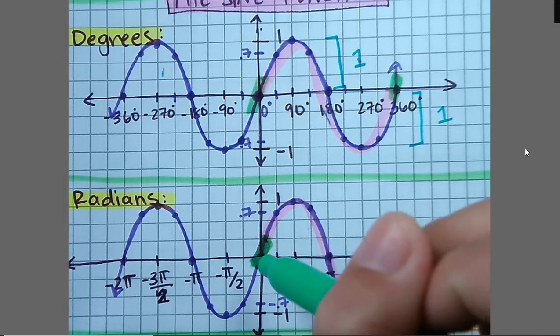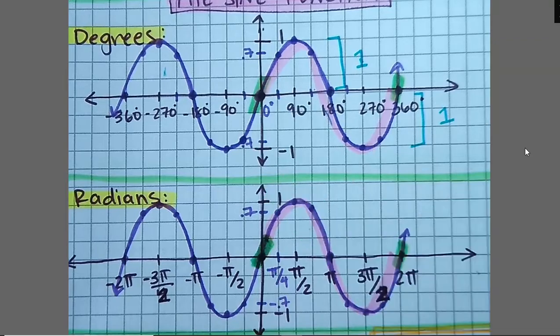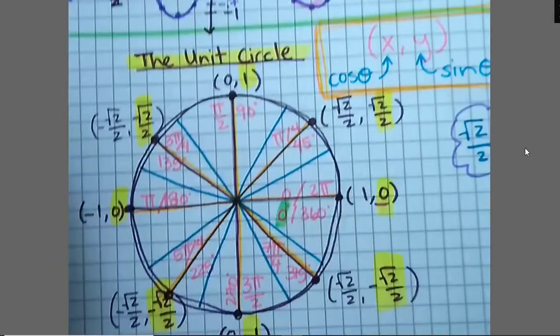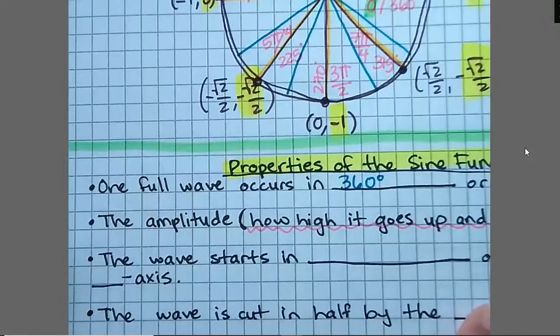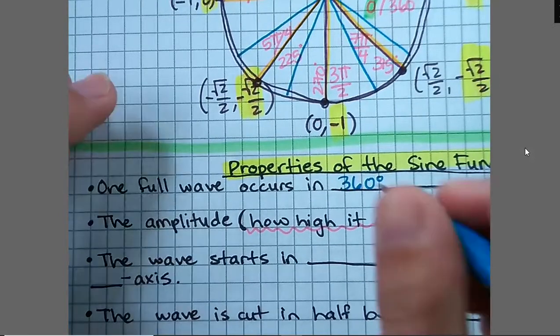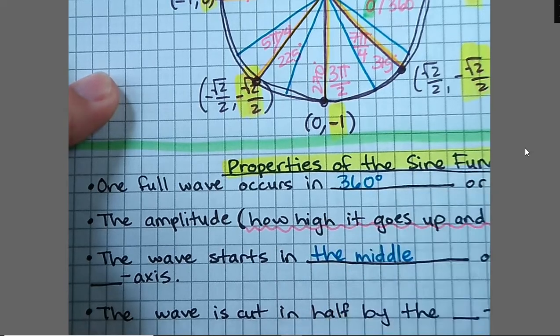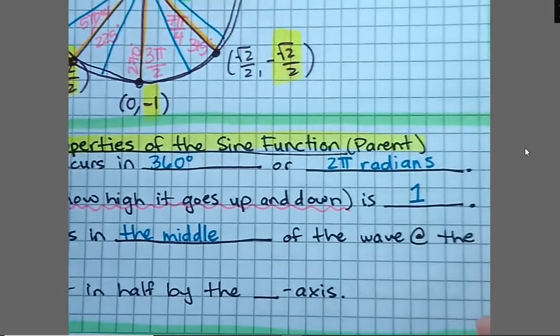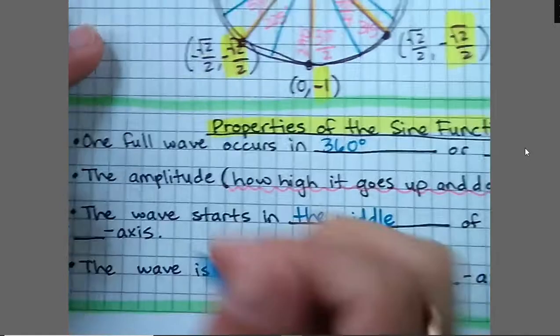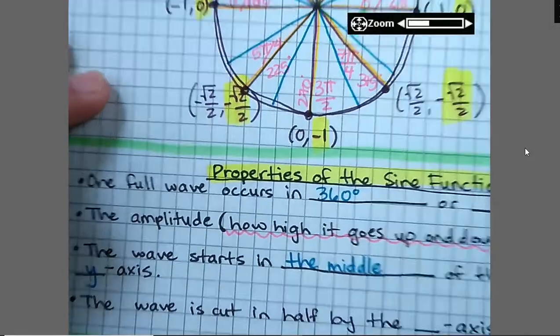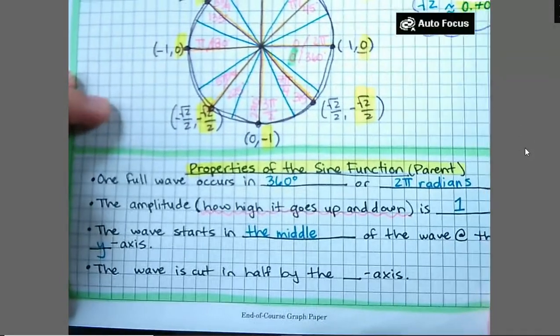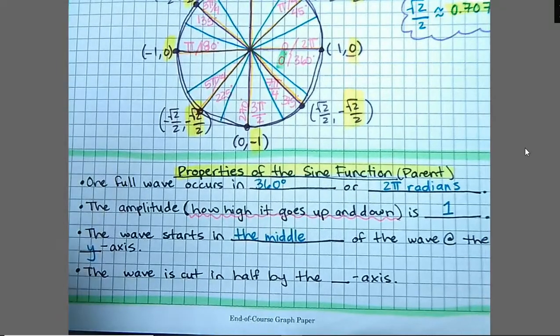So it's starting in the middle of the wave on the y-axis. All right, let me just zoom out a little bit. All right, starts in the middle of the wave at the y-axis.